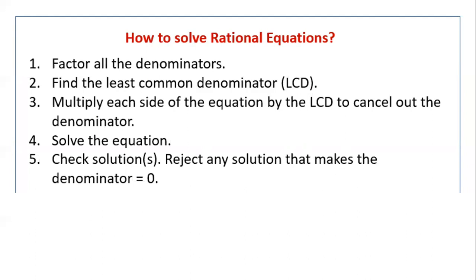And 5, we check our solutions, because we want to make sure the solutions we get do not make our denominator equal to 0. It is okay for 0 to be in the numerator, but it is a no-go for 0 to be in the denominator.